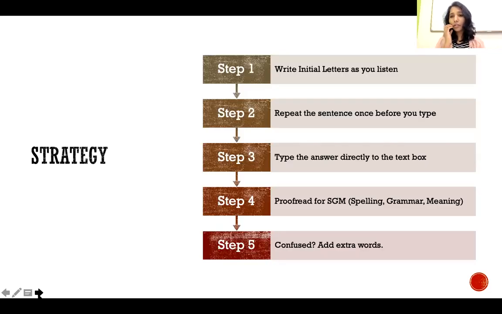Now, what are the strategies or methods that you can employ to write it? First, listen to the sentence. While you're listening, write down the first letter of every word that you're listening to.